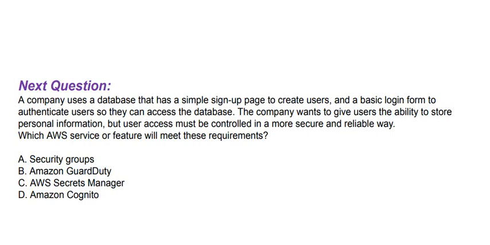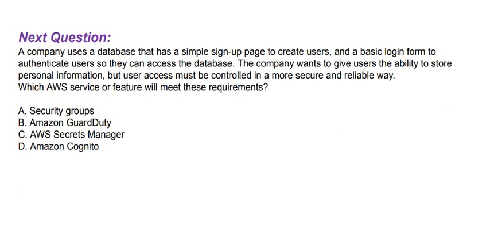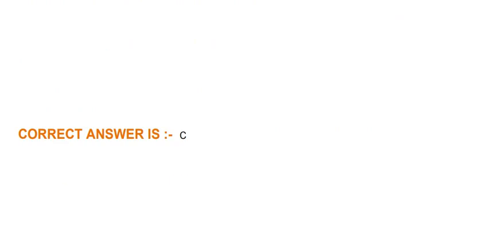Which AWS service or feature will meet these requirements? Option A, security groups. Option B, Amazon GuardDuty. Option C, AWS Secrets Manager. And option D, Amazon Cognito. The correct answer is option C.